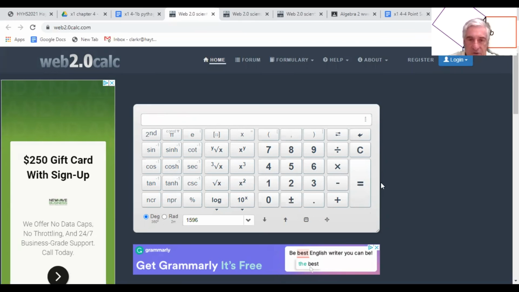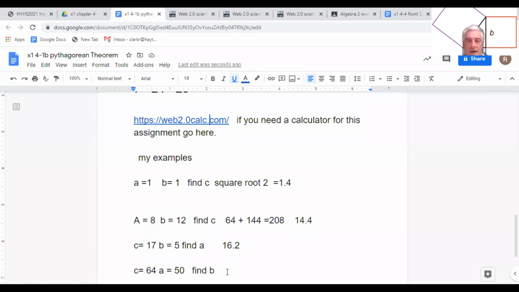So now I want the square root of 1596, and that will be our missing leg. 39.9. So we go back, and B is equal to 39.9.